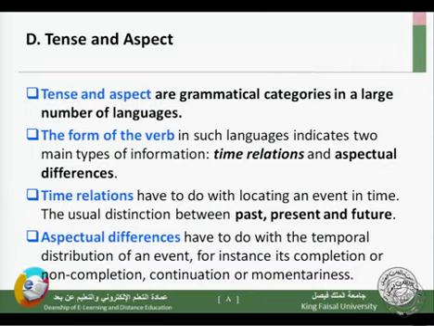Time relations really have to do with locating an event in time. It means when did it happen? How often does it happen? When will it happen? When did it happen? In other words, time relations have to do with locating an event in time, like past, present, and future.